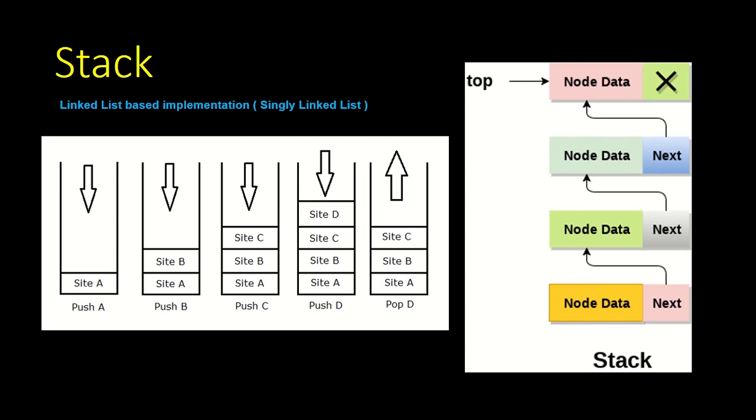So every node is connected to the next node. So the first node, since it was the first one to be placed, is connected to the second one to be pushed, the third one, and the last one. So the last one here is our top node.